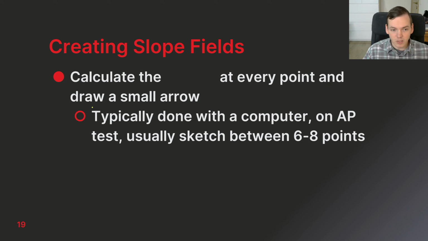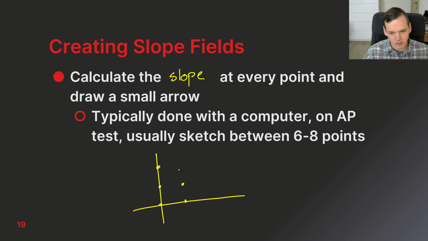So slope fields are created by calculating the slope at every point in space and drawing a small arrow. Typically, these days, you're going to only do that with a computer. If it comes up on the AP test, I've only ever seen it with 6 or 8 points, or maybe as much as 9.